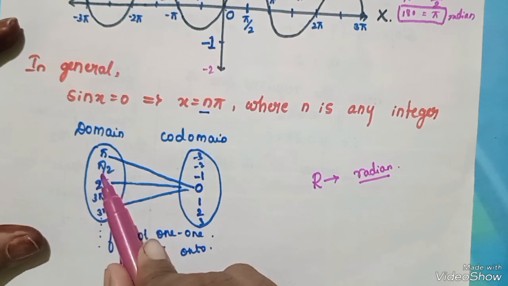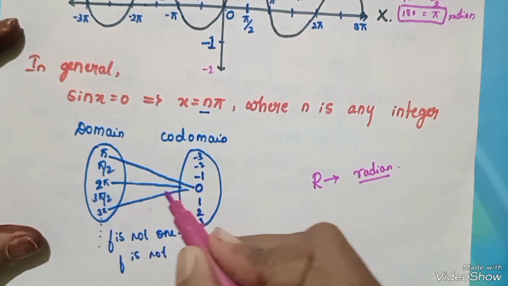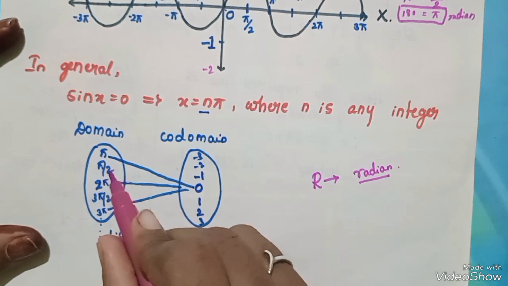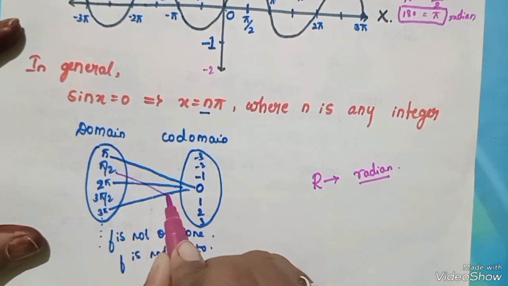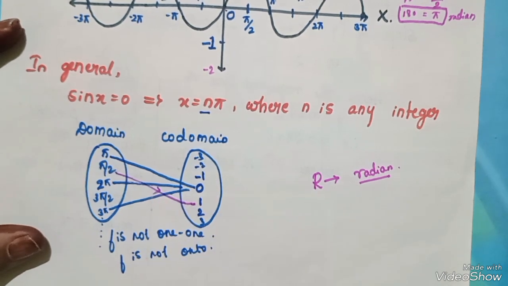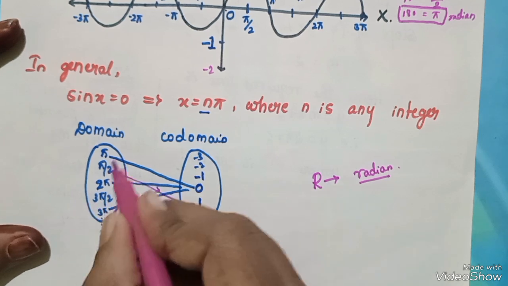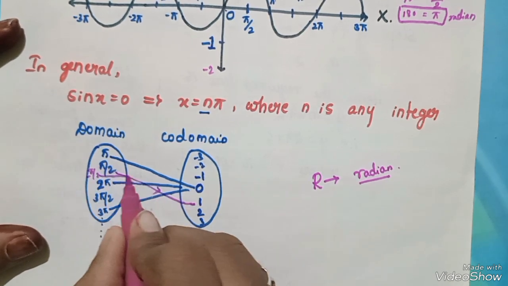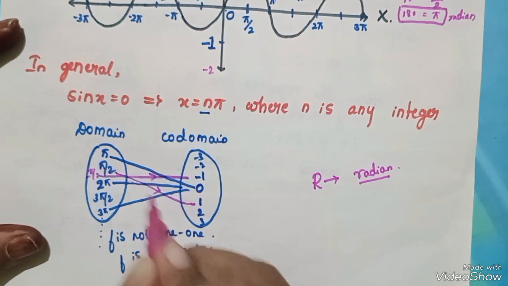For pi by 2, that is 90 degrees, we get the result plus 1. For minus pi by 2, we get minus 1.